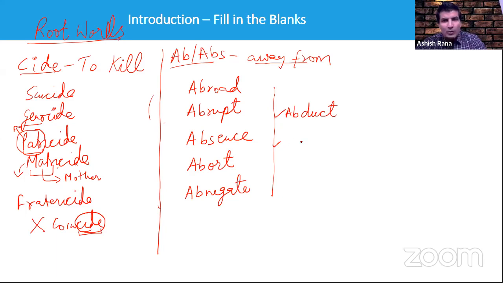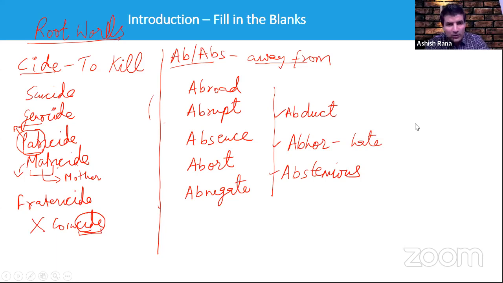If I say abhor is to hate, this has also come from the same root. Abstemious. Okay, great. So that's the advantage of your roots. Absurd is absolutely correct. Abomination is also correct. Very good.